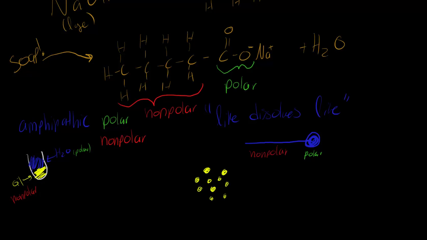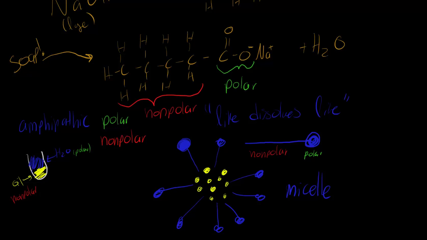So what happens when we start washing our hands? Well, the polar region starts associating strongly with the aqueous environment that we've washed our hands with. So the polar head is going to be pointed towards the outside, and the nonpolar region is going to trap all of that oil, dirt, grease and grime on your hands. It's going to trap it in this bubble, what we call in chemistry a micelle.